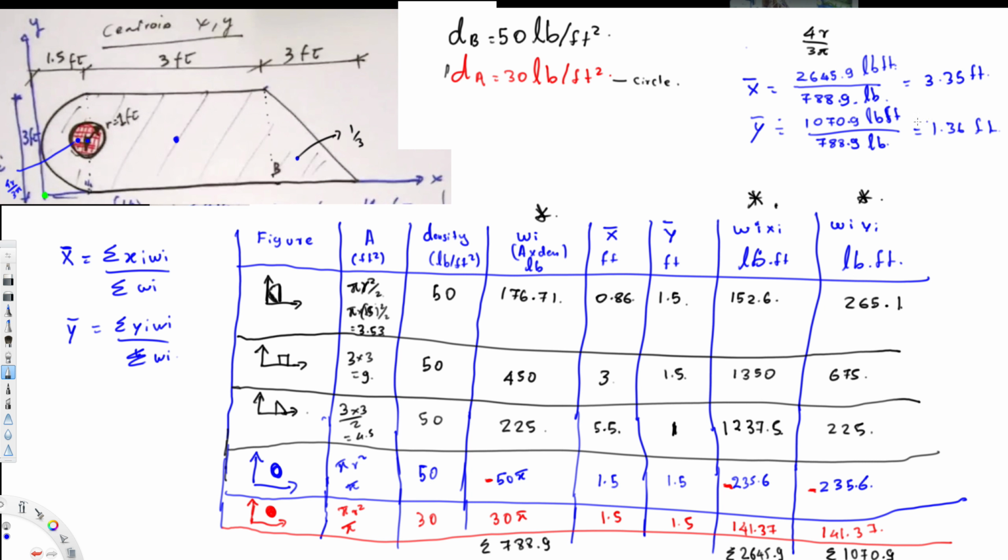Now we can locate this in the picture. First of all, x bar is going to be 3.35 from the origin. This is 1.5, so 3 is exactly in the middle, and 3.35 means somewhere right here. So let's mark this one down. Let's say this is 3.35, and then the height is going to be 1.36.